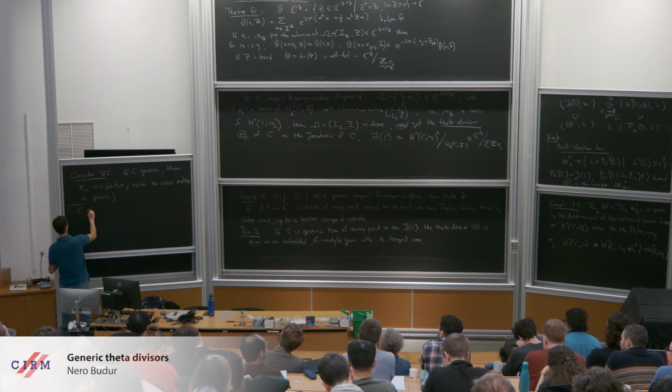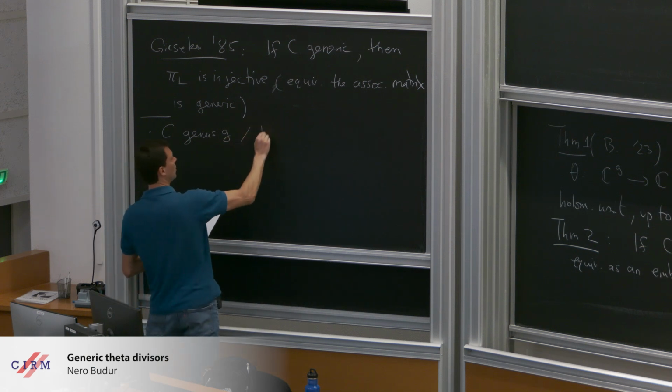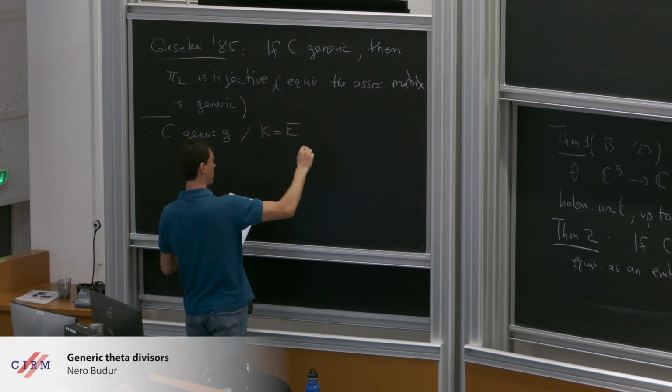So C has genus g, a smooth projective curve over an algebraically closed field of characteristic 0.